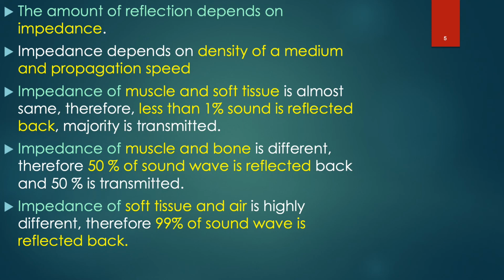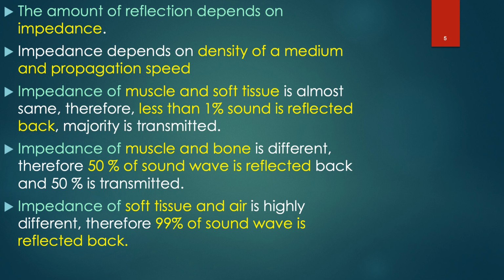It happens only with oblique incidence. The amount of reflection depends on the impedance. Impedance depends on the density of the medium and the propagation speed. Impedance of muscle and soft tissue is almost the same, so you don't see much reflection, maybe just 1% of the sound beam will reflect back.